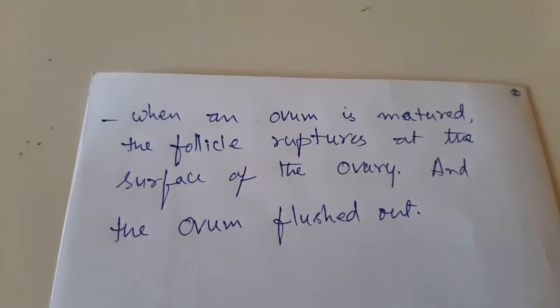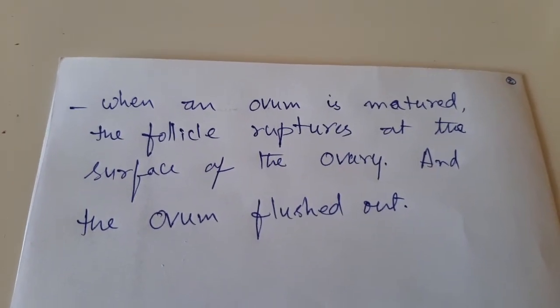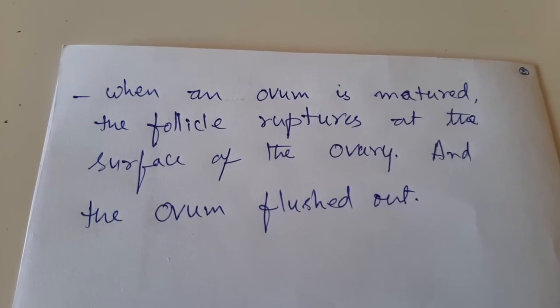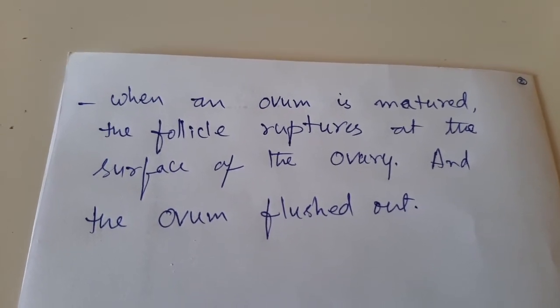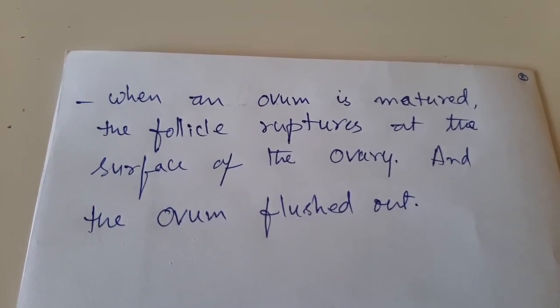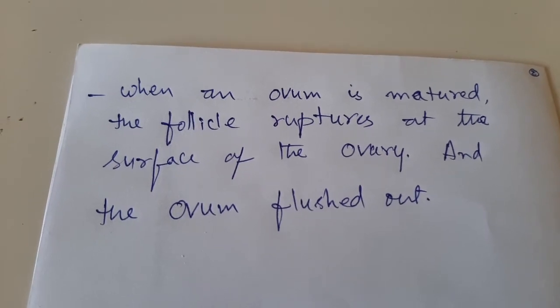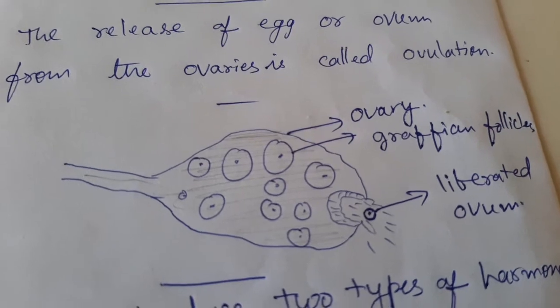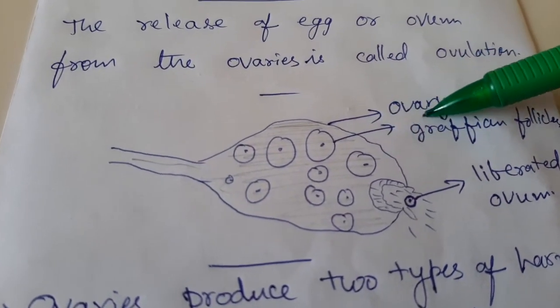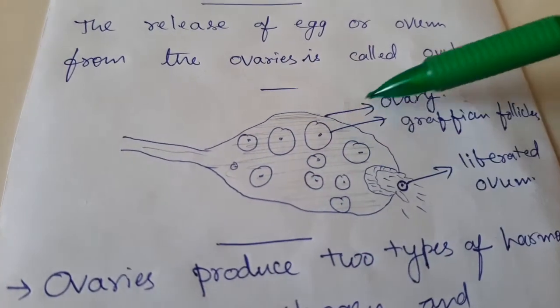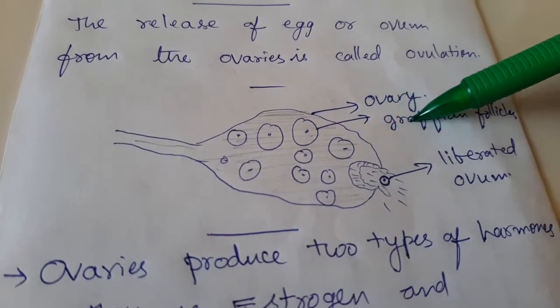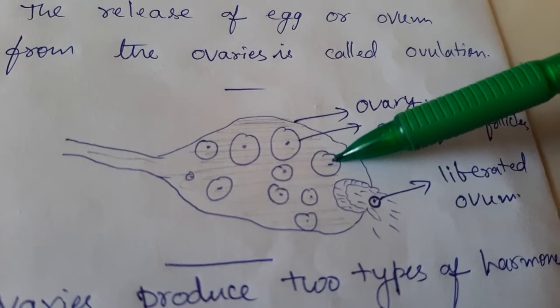And students, observe another important point. When an ovum is matured, the follicle ruptures at the surface of the ovary and the ovum is flushed out. Students, observe this diagram once again. It is ovary, and inside this, Graafian follicles, and each Graafian follicle contains an ovum.